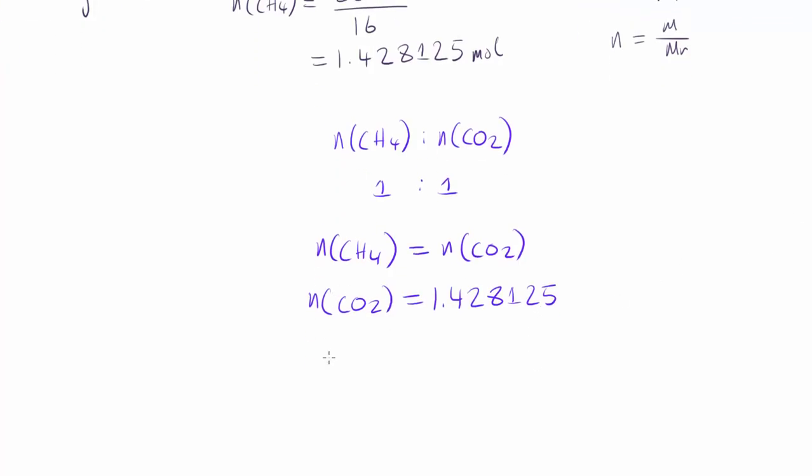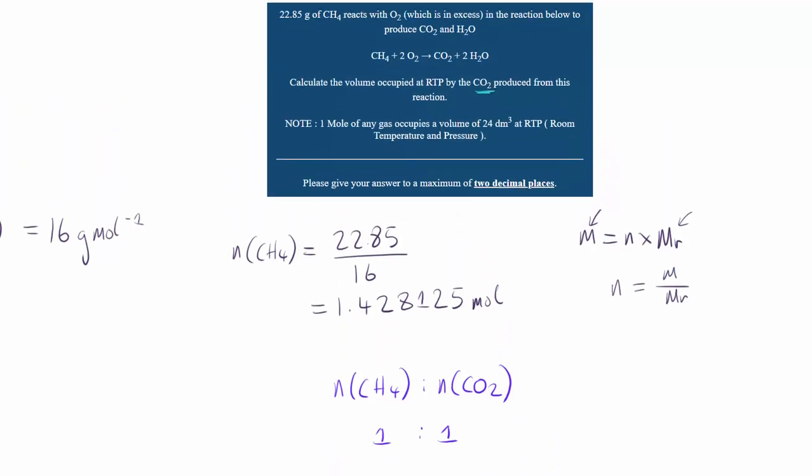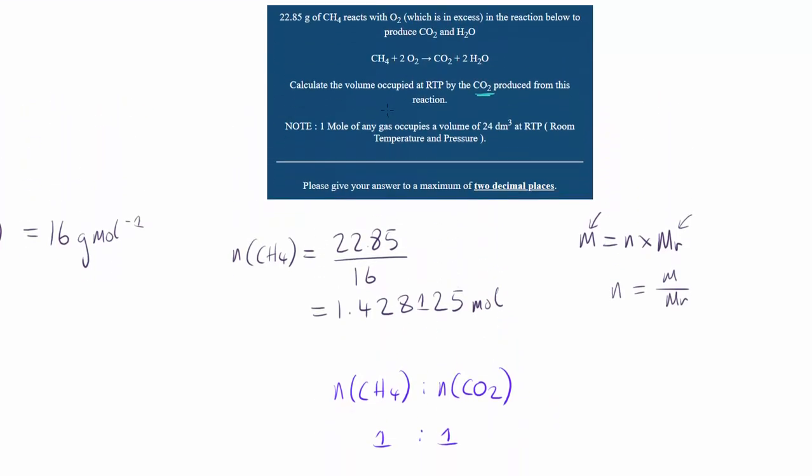Now, in order to work out the volume of the CO2 produced, we need to refer back to the actual conditions which have been specified in the question. We've been told that we're trying to work out the volume occupied specifically at room temperature and pressure. And we've even been told in the question that at room temperature and pressure, 1 mole of any gas will occupy a volume of 24 decimeters cubed.